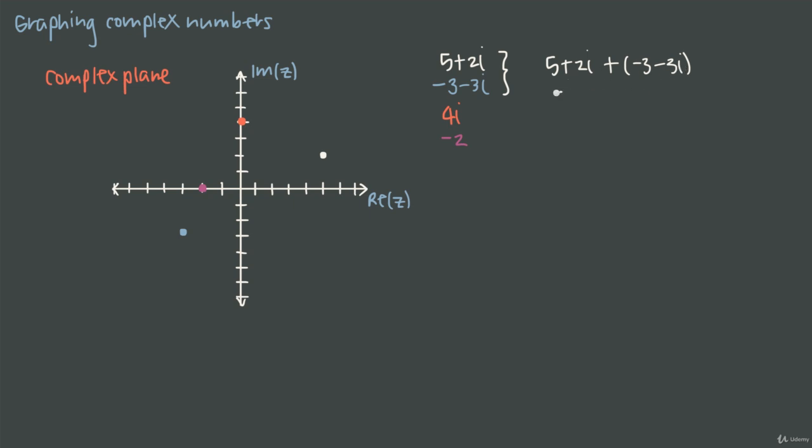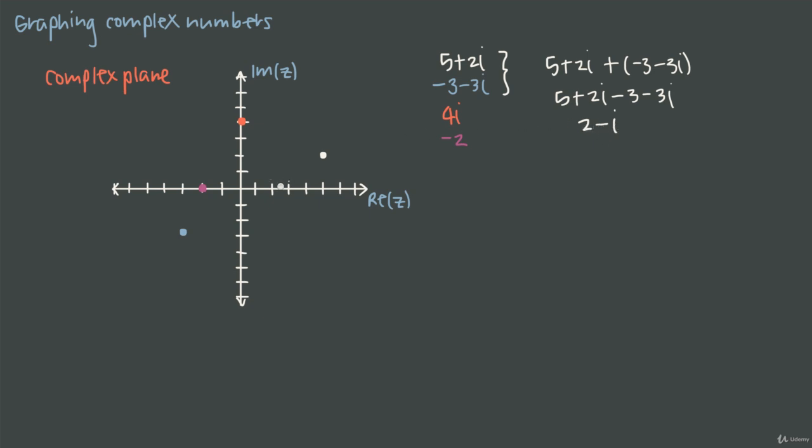So if we simplify, we get 5 plus 2i minus 3 minus 3i, just taking those parentheses away. 5 minus 3 is 2. 2i minus 3i is minus i. So we get the number 2 minus i.